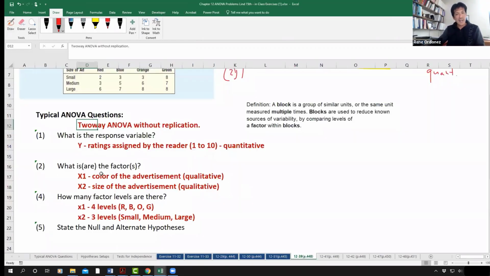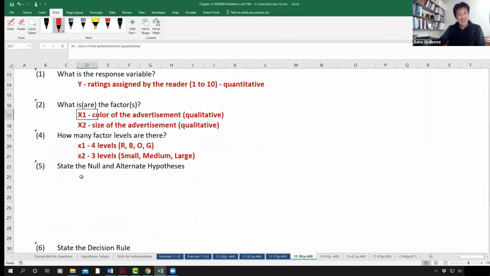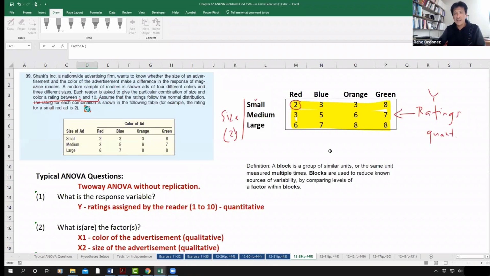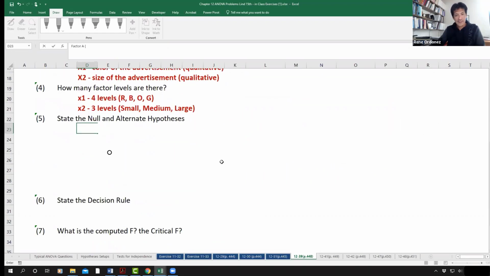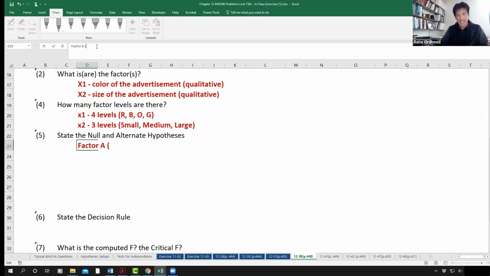All right, so we'll set up the hypotheses. Factor A is the color of the ad.